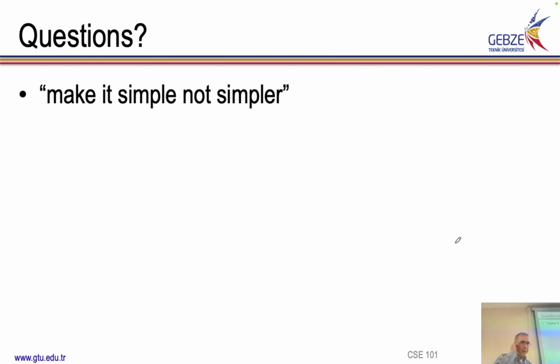I think the last word is make it simple, not simpler. Because when you are making something simpler, that means you are taking out features. Taking out features is not desired, but making it simple with the same functions is what we want.